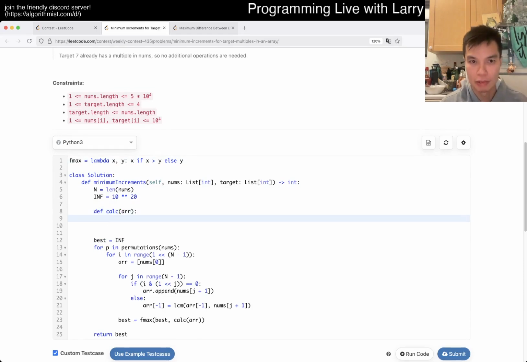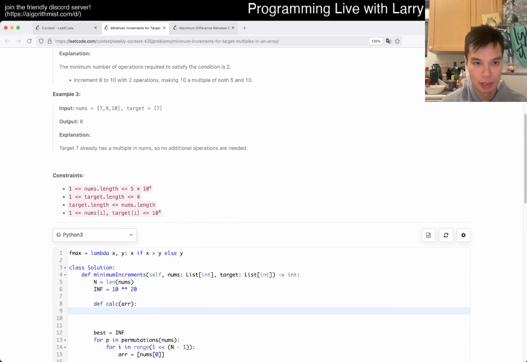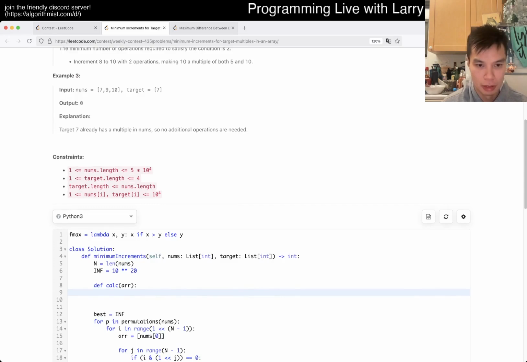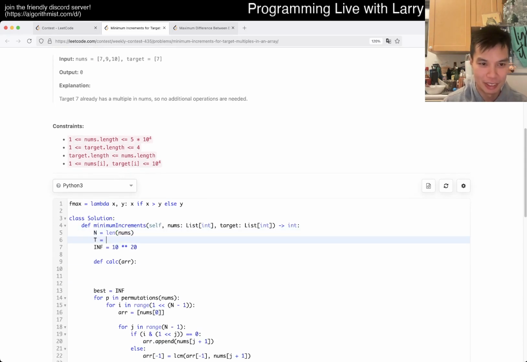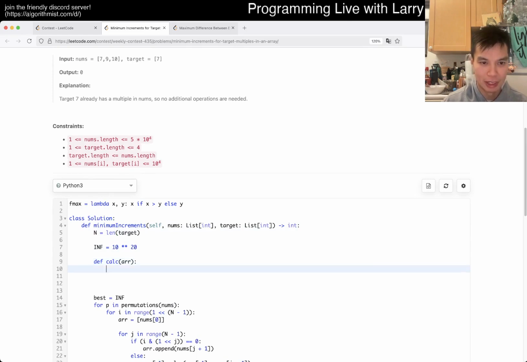Okay, so then now we have 3 or 4 numbers, so that's fine. Also, this is wrong. I meant n is equal to length of target. That's what I meant to do. And then m is equal to length of nums. But we don't even care for that part really.